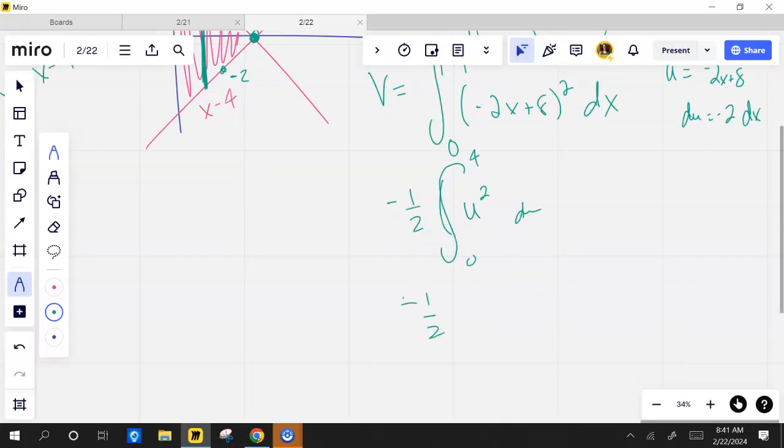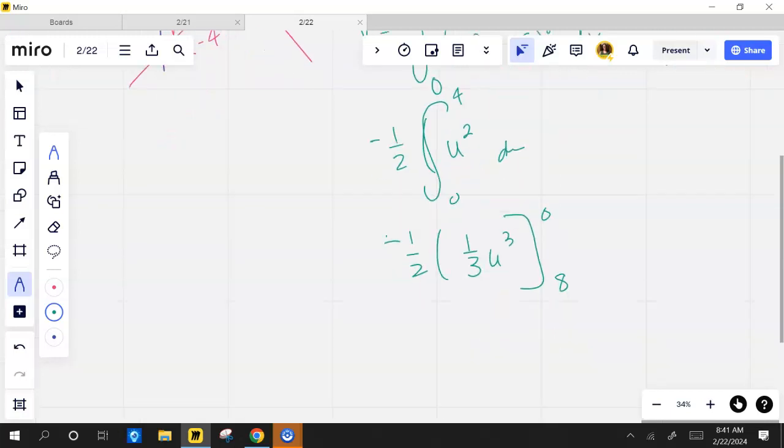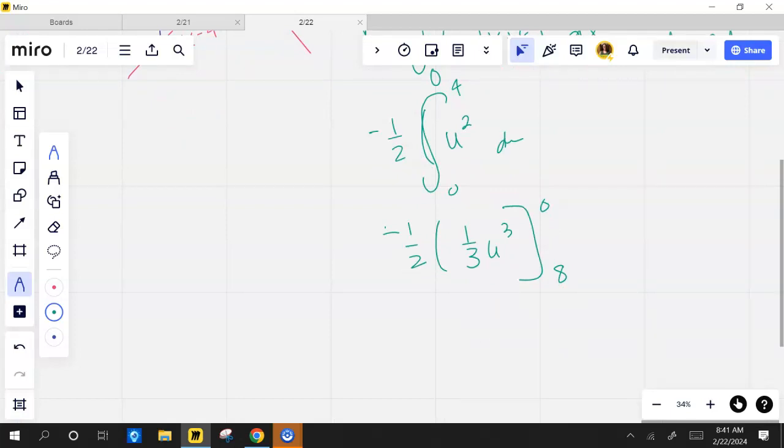Negative 1/2 times 1/3 u cubed from 0 is going to become 8. What? Oh, does it? Oh, okay. What do you get when you use a calculator? It confuses you when I evaluate.